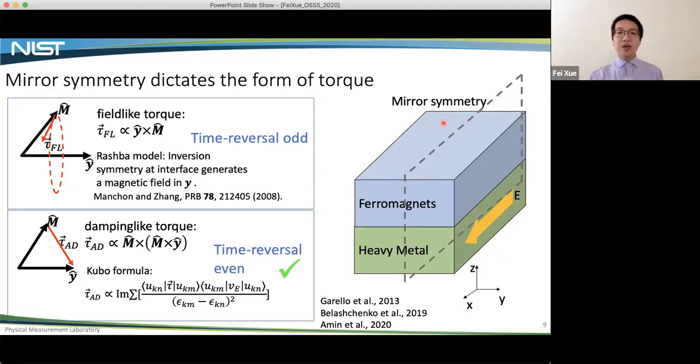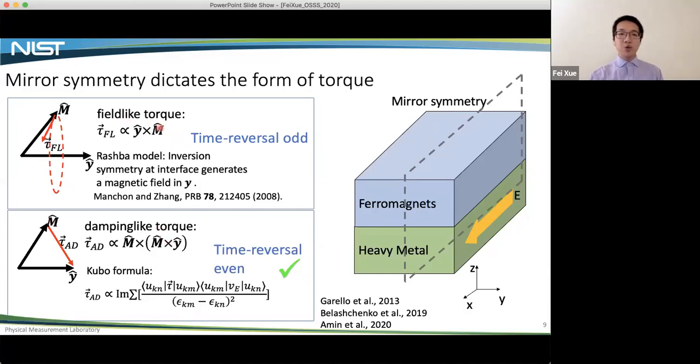And this mirror symmetry dictates the form of torque. So basically, without doing anything, from the symmetry argument, you already know that there are only certain forms of torque which are symmetry allowed. The two well-studied ones are written here.